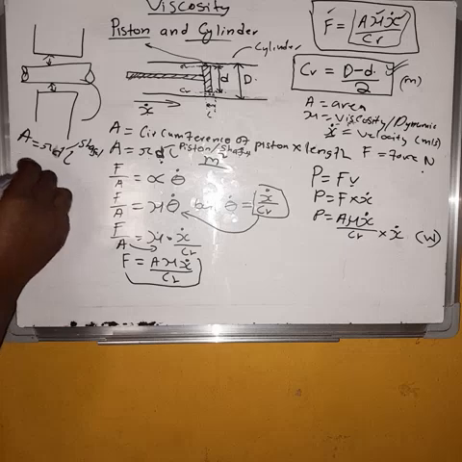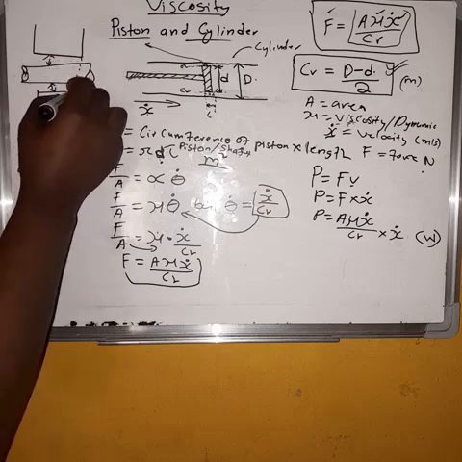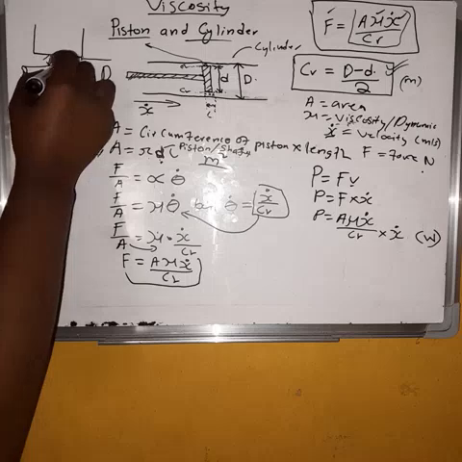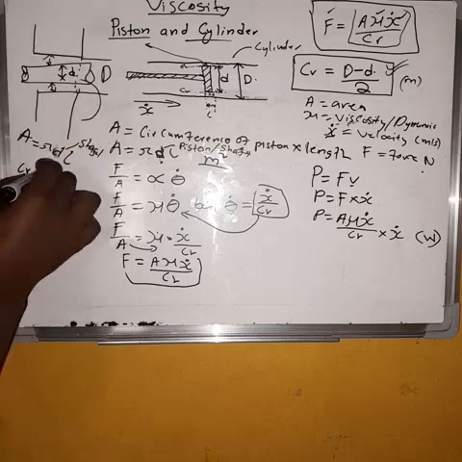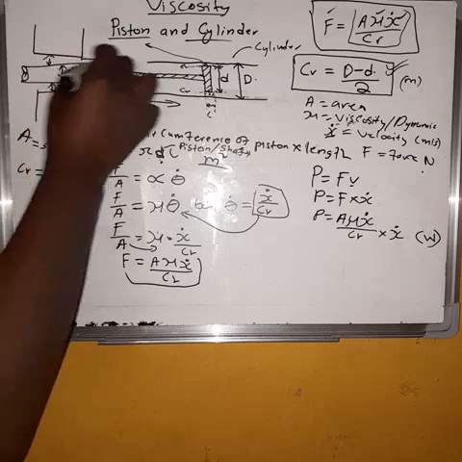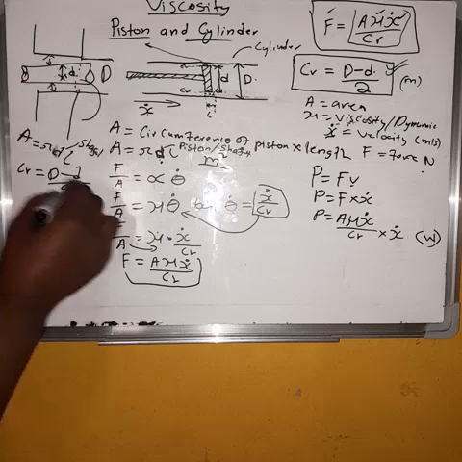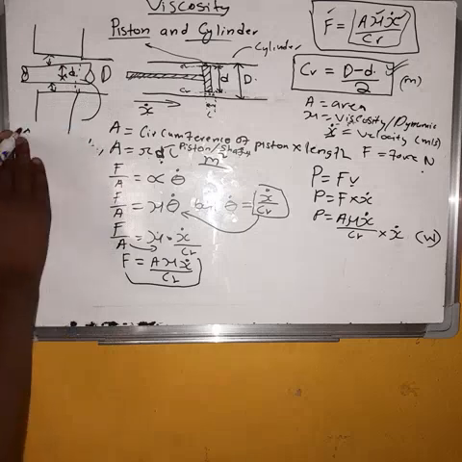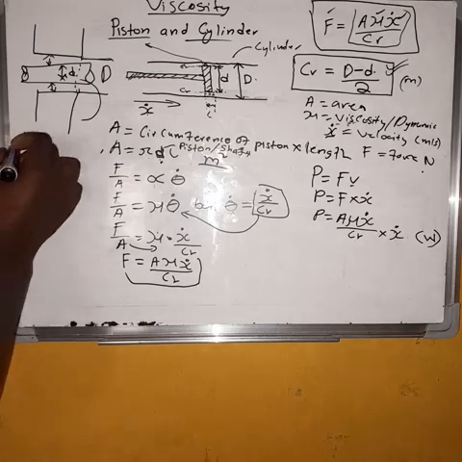The clearance will use big D, the D of the whole thing, then the d of the shaft. It will be D where the shaft is kept minus the d of the shaft, divided by 2. Do not make a mistake on this area.